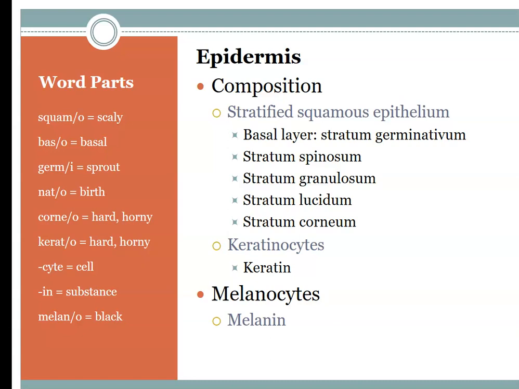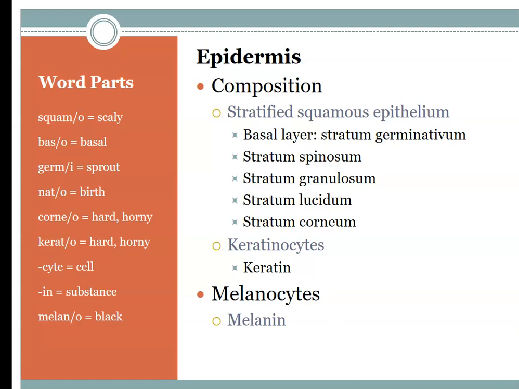In the presence of sunlight, the melanocytes increase the production of melanin, providing a form of protection against ultraviolet light. From the deepest to the top layer, in order, are the stratum germinativum, the stratum spinosum, the stratum granulosum, the stratum lucidum, and finally, the stratum corneum.